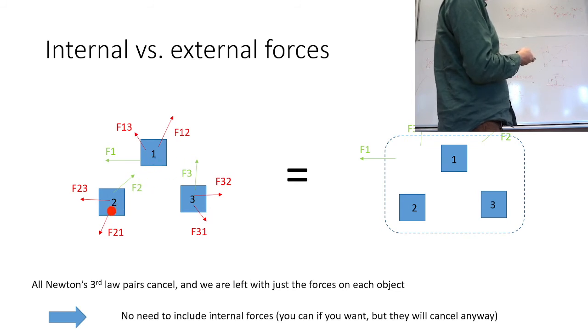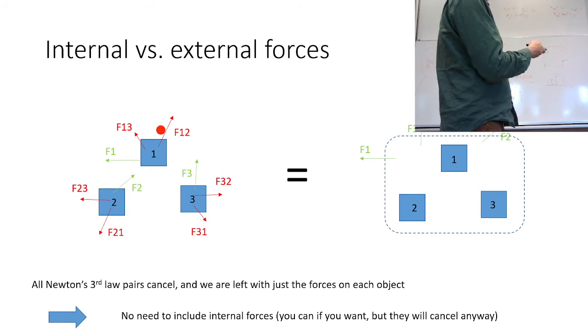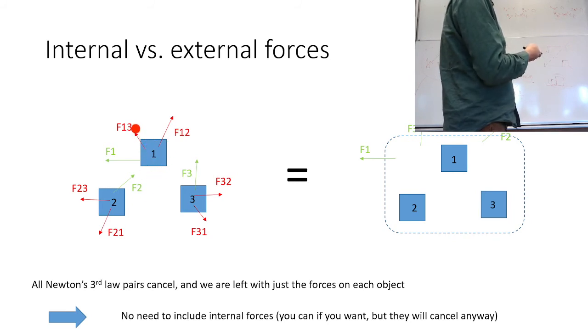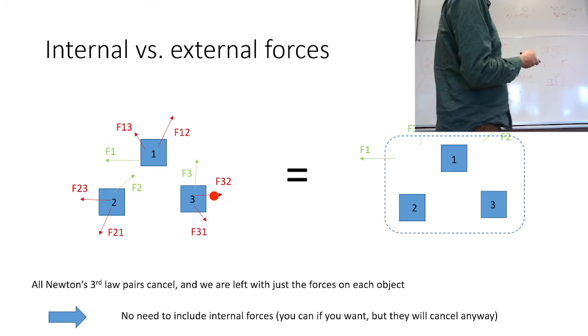So there will be a force on 2 due to 1 in exactly the opposite direction of this one. And this force F13, which means the force on 1 due to particle 3, there'll be another equal and opposite force on particle 3 due to 1, and there's F23 and F32.